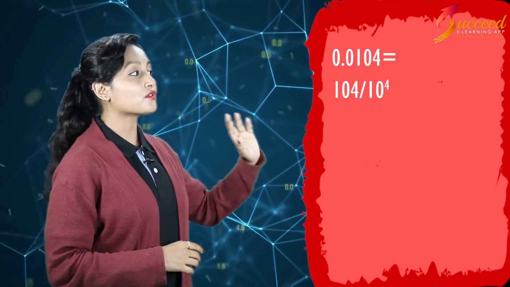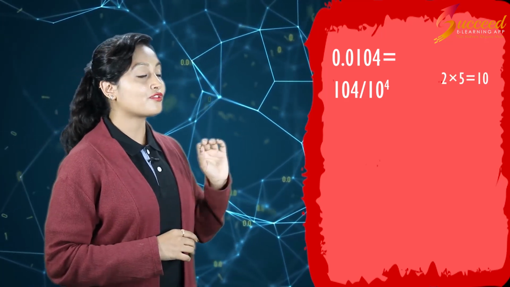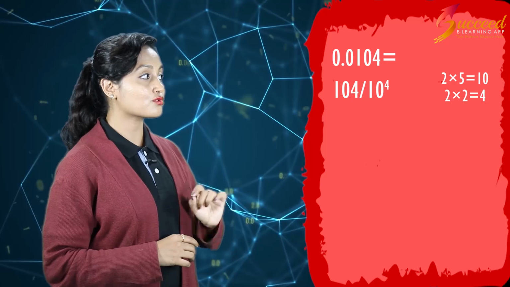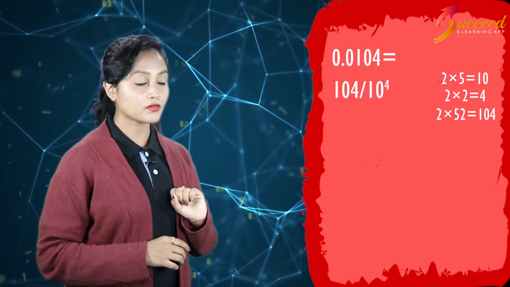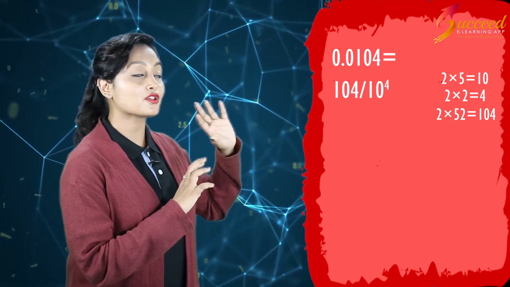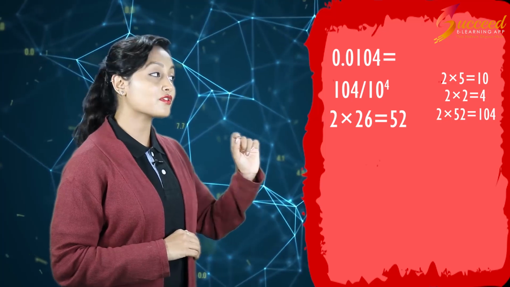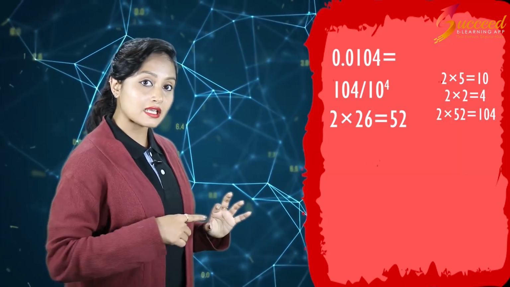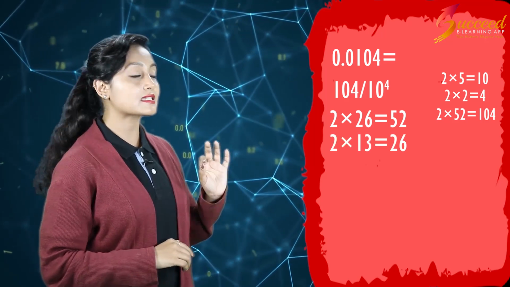Again, factorize 104. So you get 2 5s are 10 and 2 2s are 4. So 2 52s are 104. So 52, again factorize it by 2. You get 2 26s are 52. Again factorize it by 2 and you get 2 13s are 26.